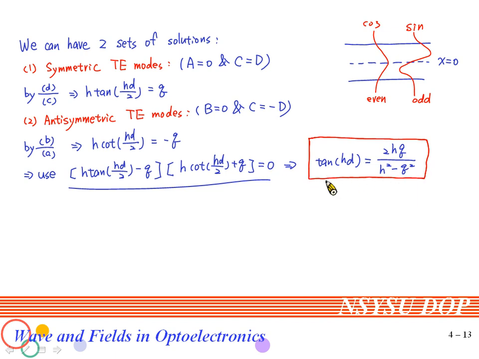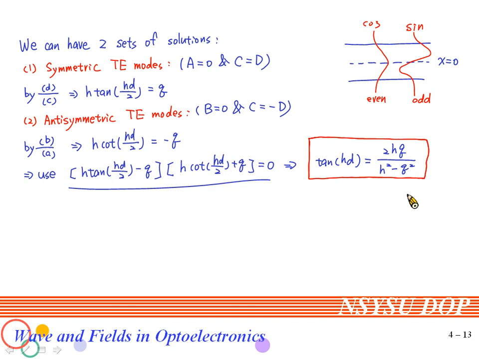And of course, from this equation, you can see that h and q can be expressed in terms of beta and lambda, right? Because they have k and beta. As a result, this equation will help us to find out the relationship between beta and lambda.